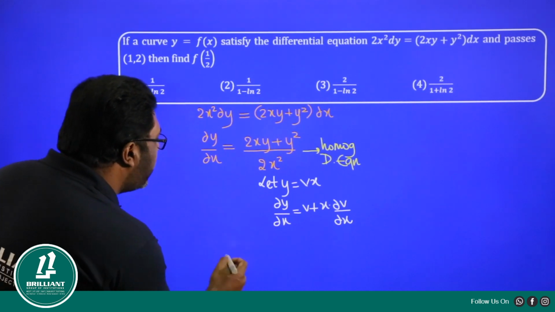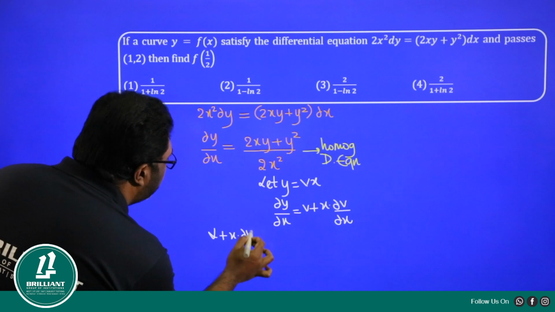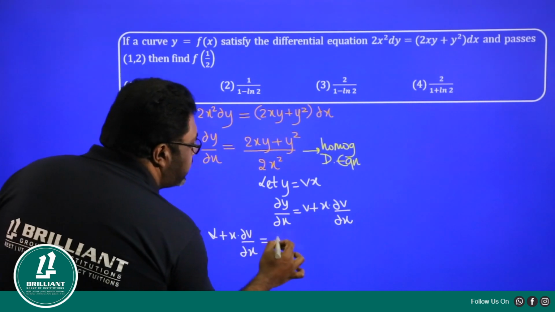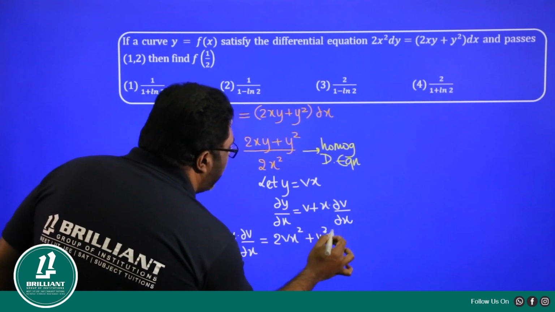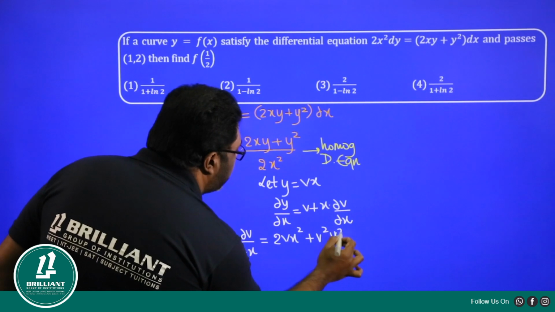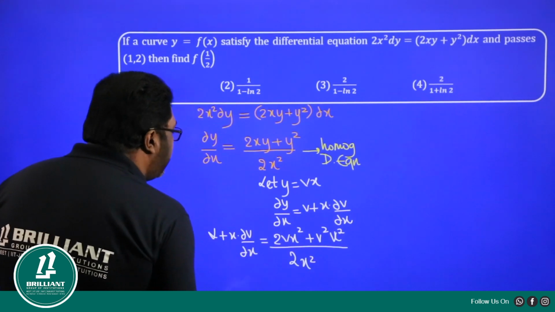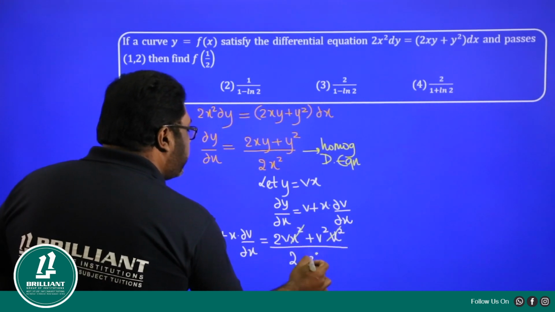Substitute it. So what will I get for dy by dx? v plus x into dv by dx is equal to (2vx squared plus v squared x squared) divided by 2x squared. You can see x squared is common throughout, so I can take out the x squared.